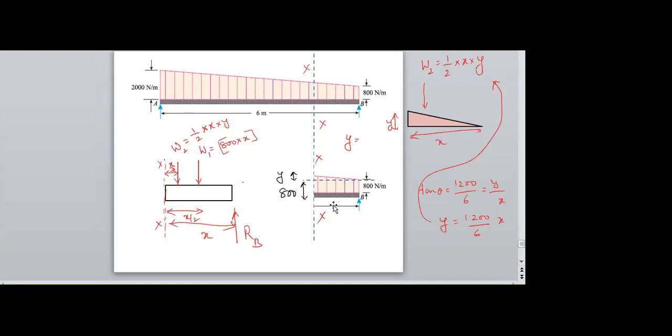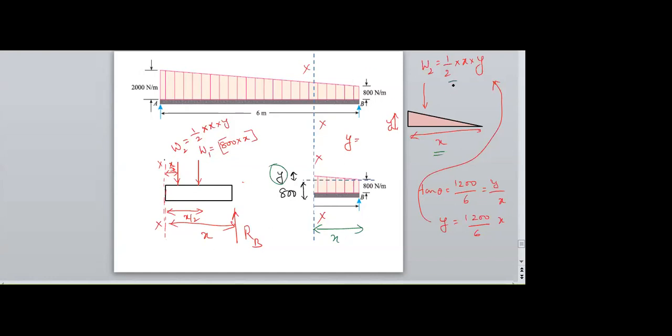Now a similar process again in the small section. I will get W1 as 800 into x and W2 as half into x into y, where x is the base and y is the height of this triangle.